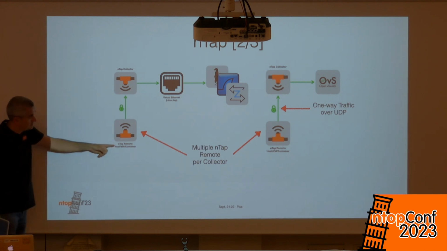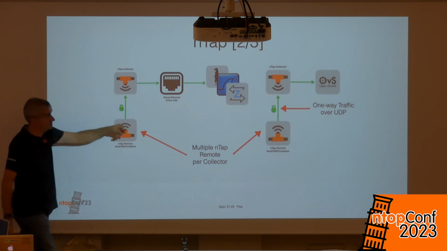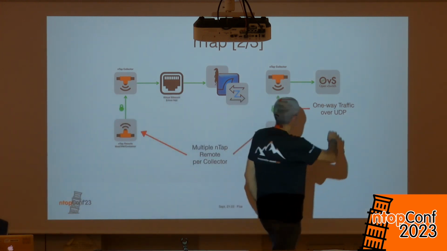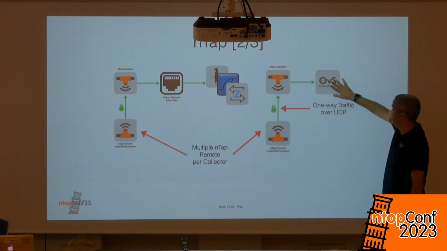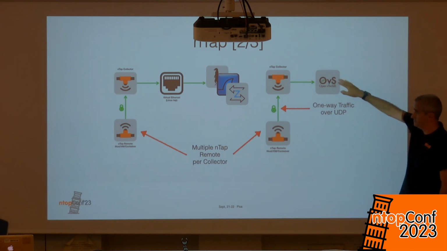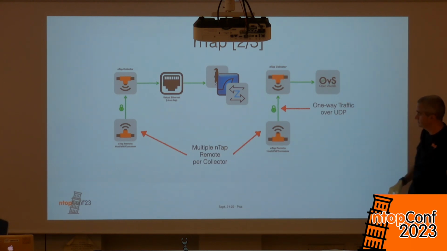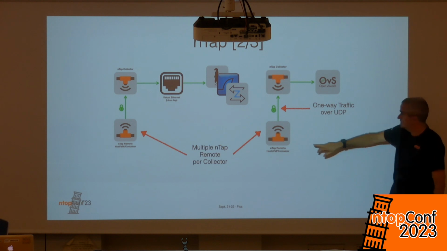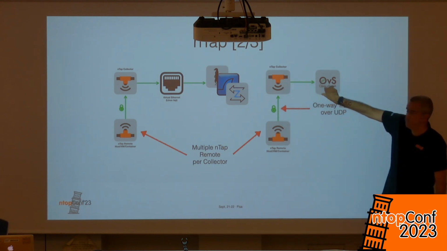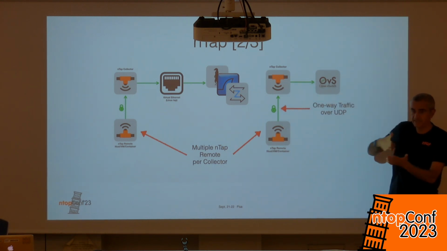Another possibility is this one. This collector can talk to Open vSwitch, you know, it's a popular software switch used with virtual machines. What we do is the remote speaks with this collector, which talks with Open vSwitch and marks traffic with a VXLAN tag.